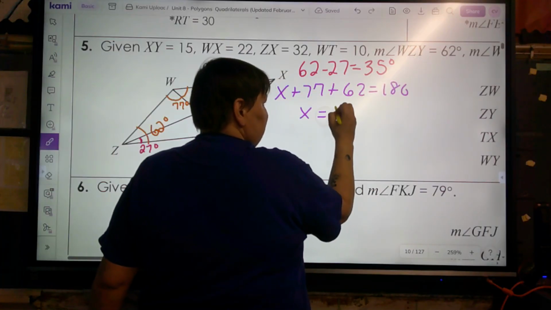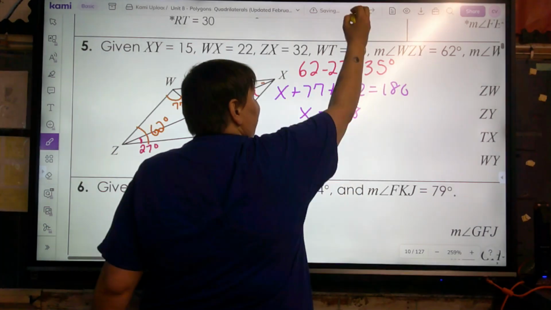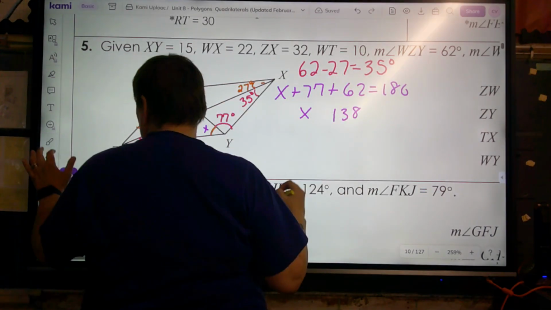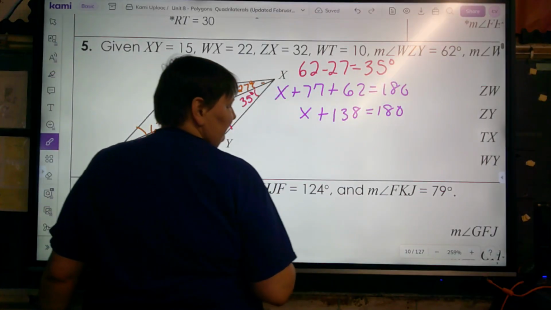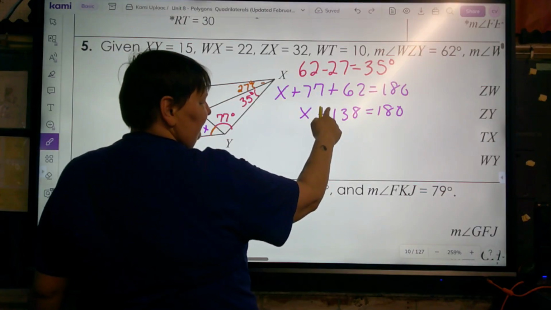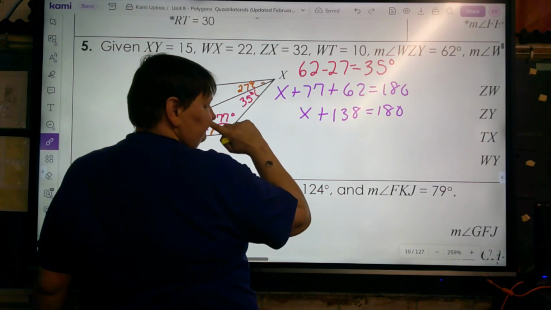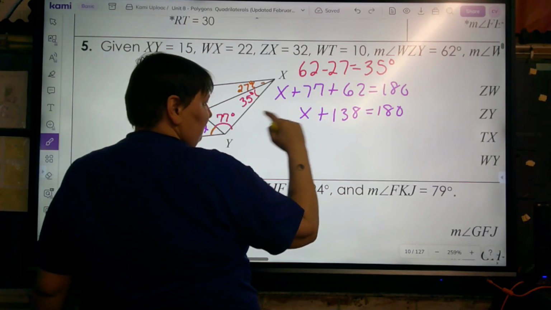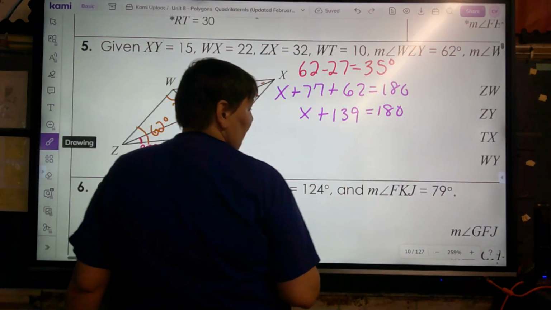So x plus 138 has to equal 180. Is that 138? 139. I hope y'all are doing this with the calculator and checking my work.